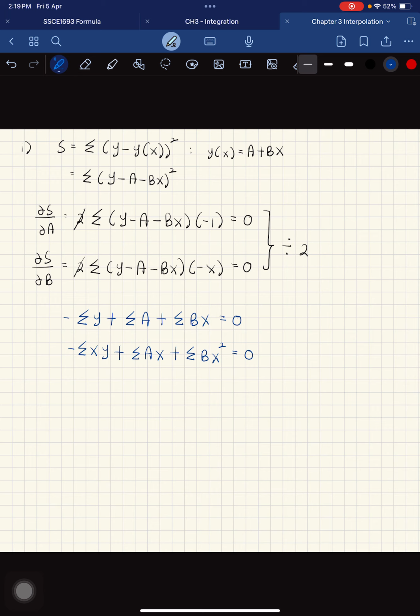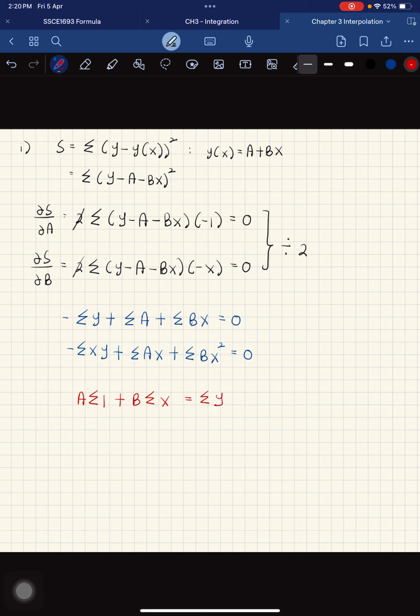And then you arrange these two equations, so you will get a summation 1 plus b summation x equal to summation y, and a summation x plus b summation x squared equal to summation xy.